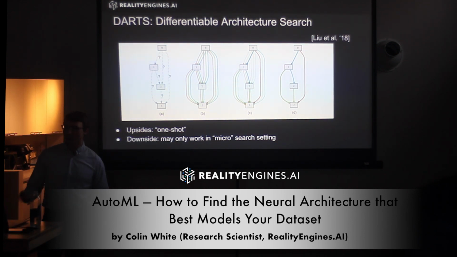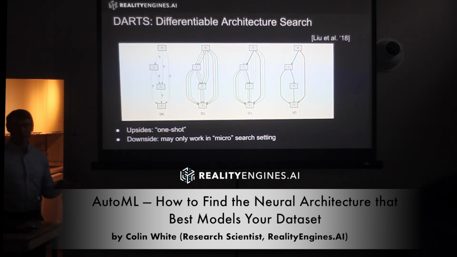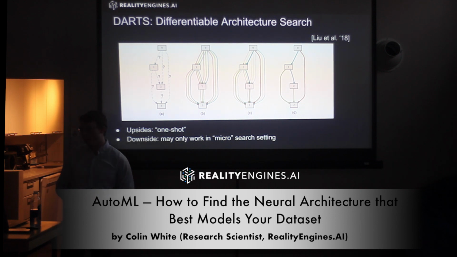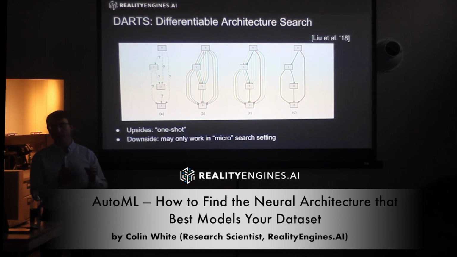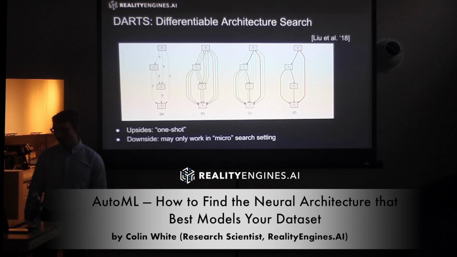In Bayesian optimization, we might have to do many iterations of 100 or 1,000 architectures, but with this one we just train a single architecture. The downside is that it works well in the micro search setting, but it's not as tested in the macro search setting. In the original research paper, they had a fairly small search space.